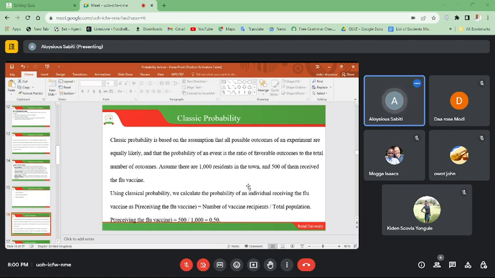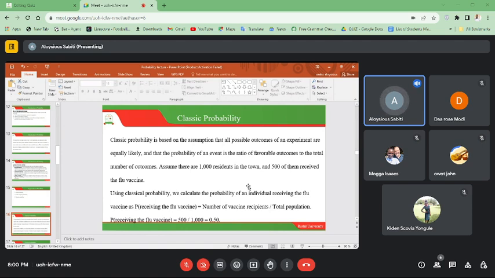And it will mean that the probability that you will get a person that received a flu vaccine is 0.5.